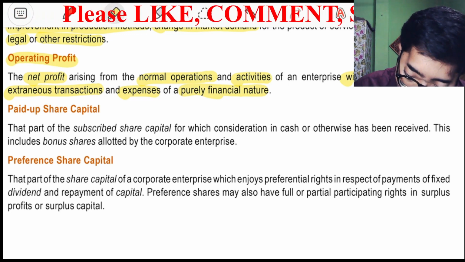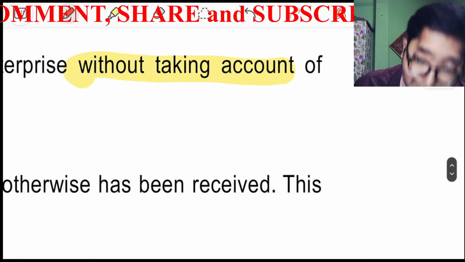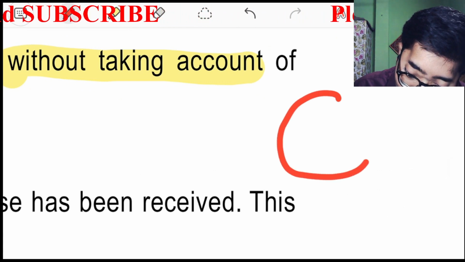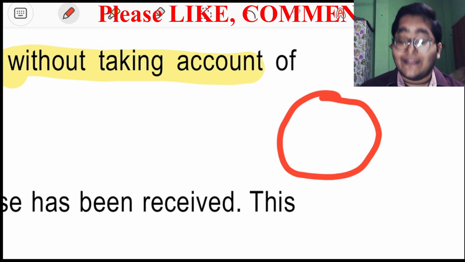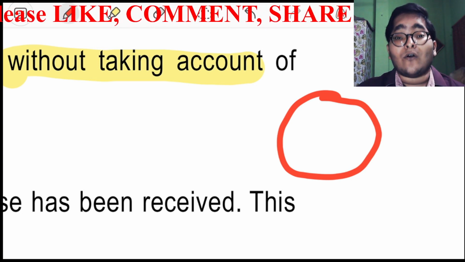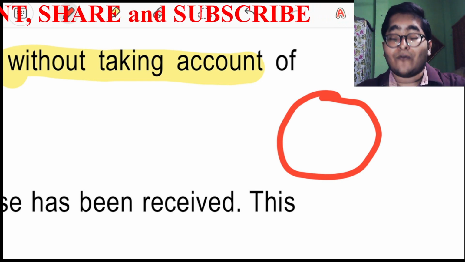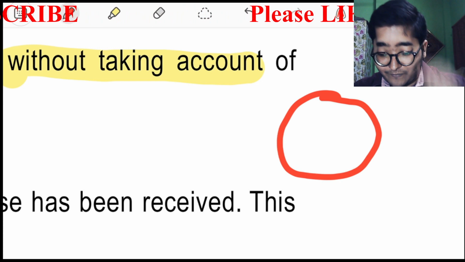For example, let me explain this with the help of a diagram. Suppose this is the authorized share capital. This is the share capital that is authorized by the registrar of companies so that this amount can be drawn by the company from the shareholders.